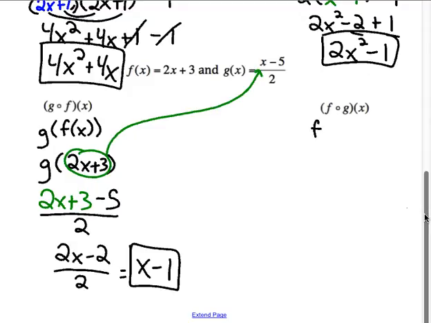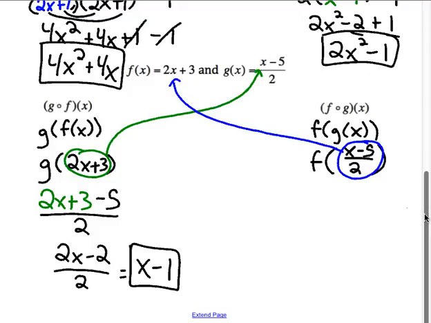On this side, f of g of x, g is x minus 5 over 2. So in the f function, wherever I have x, instead, I'm going to have that.